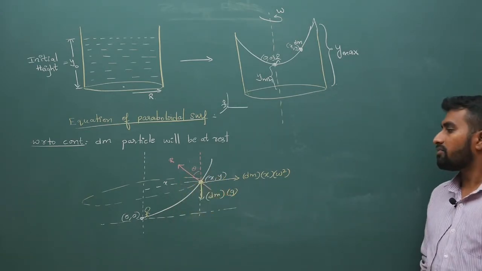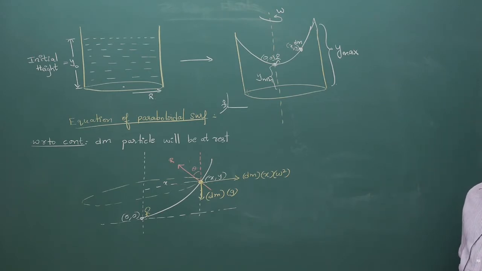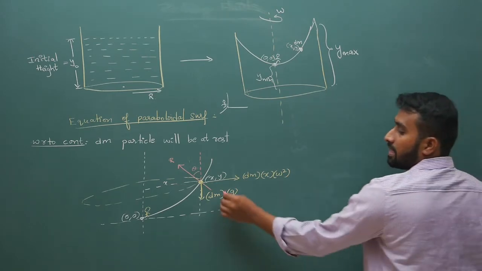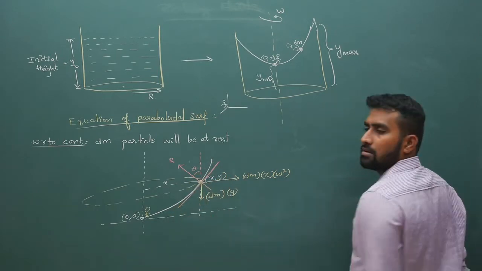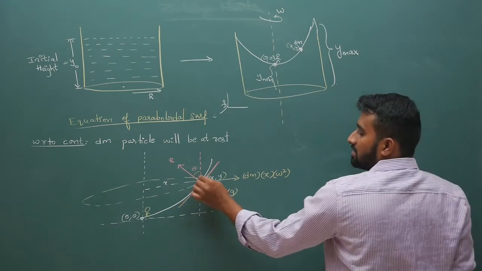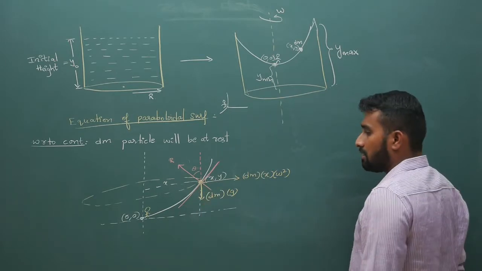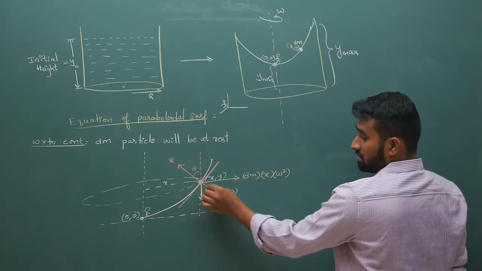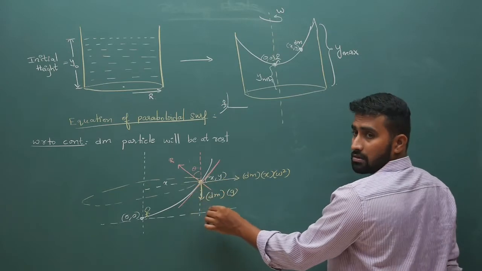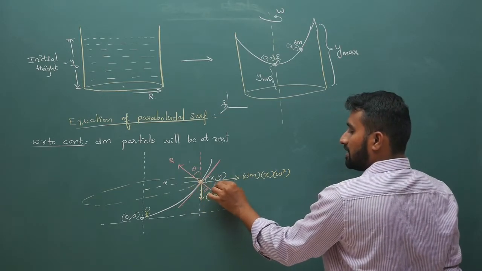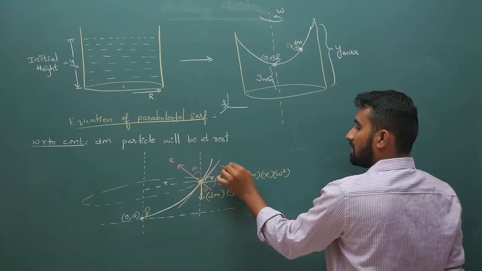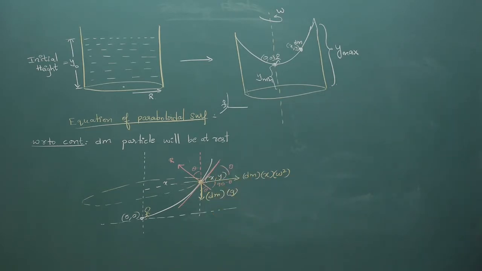From this it is pretty clear that if you draw a tangent to the curve, this is your tangential part. This angle is theta, this will become theta, this is 90 minus theta. The tangent will form an angle of theta with the horizontal.